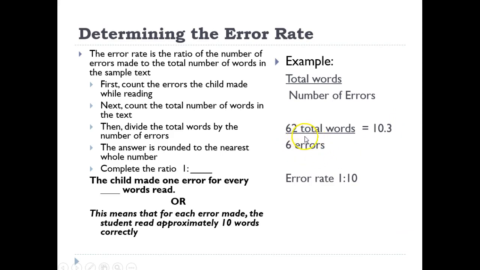However, there were 62 total words in the passage. 6 divided into 62 is 10.3, and we're going to round that to the nearest whole number, giving us our ratio of 1 in 10. The error rate is 1 in 10. The child made 1 error for every 10 words read. Or we can say this means that for each error made, the student read approximately 10 words correctly. So keep this in mind, the 1 in 10, because we're going to need it for our next slide.